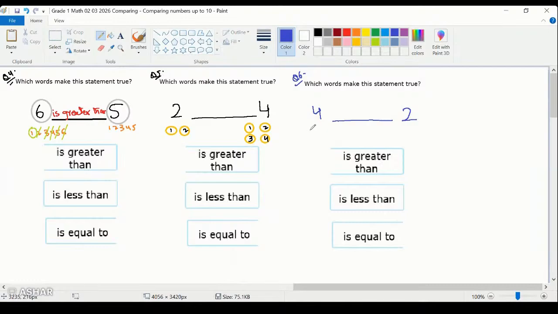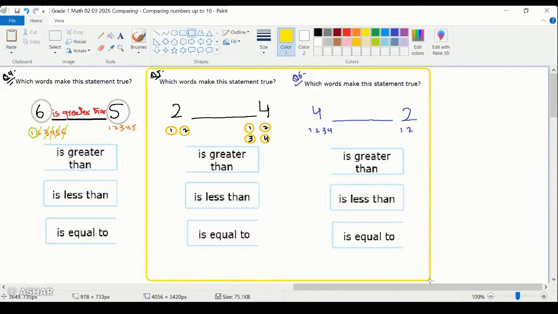We have 1, 2, 3, 4, and we have 1 and 2. So when we compare question number 6 and question number 5, they are asking us for exactly the same values. We need to compare 2 and 4. Agreed? In question number 6, we are again comparing 4 and 2.